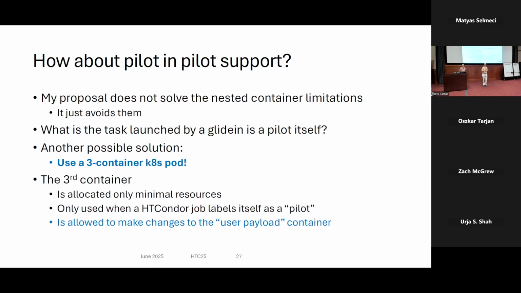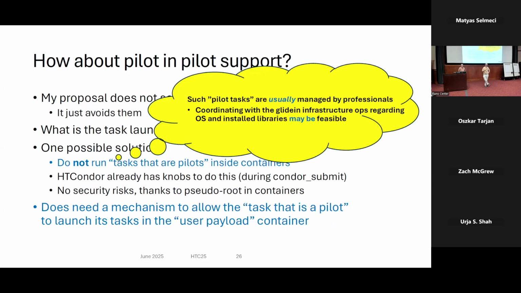Because you are ignoring the situation where we are running a Condor like we are doing here. We are running a Condor system in Kubernetes. And then we start all the, what you call pilot or glidein or whatever you are calling it. So the starting point is already nested. Yes. So according to what you are selling here, they should not be nested.